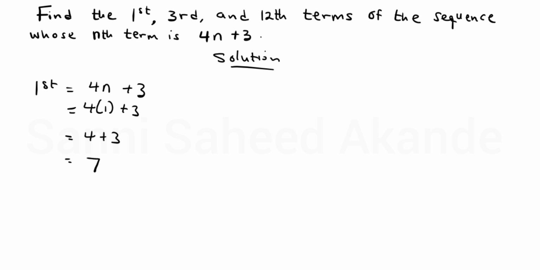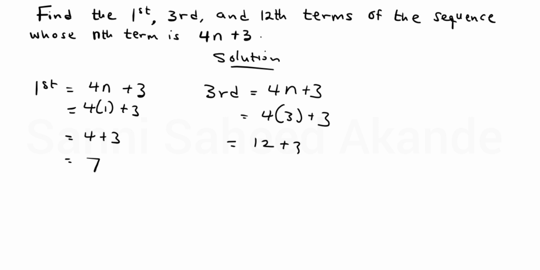So 4 times 1 is 4 plus 3, and 4 plus 3 will give us 7. Then the third term will be equal to 4n plus 3, and n this time around is 3, so 4 times 3 is 12 plus 3, and 12 plus 3 is 15. And then the 12th term will be 4n plus 3, and n is 12.